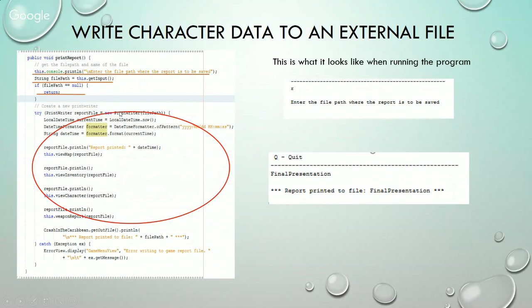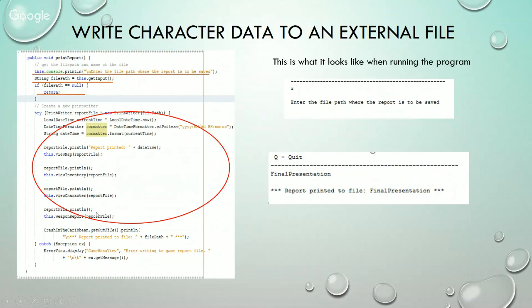Going back to our function, we have the try statement. This is where the system will first add all this information to a report, like the date and the time, and it will call the report file, view inventory, view character, and weapon report functions.